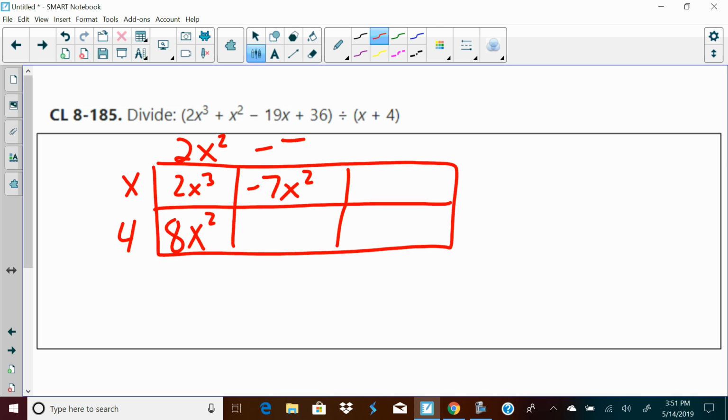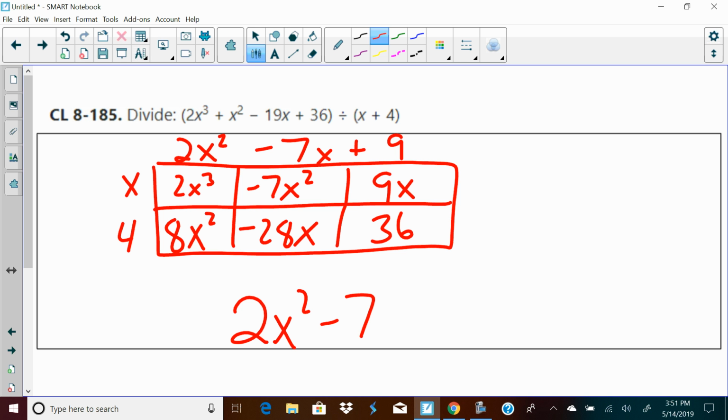So that has to be negative 7x. So this becomes a negative 28x. So I need negative 19, so I get a 9x. This would be plus 9. I get 36. So there's no remainder. So the final answer is 2x squared minus 7x plus 9.